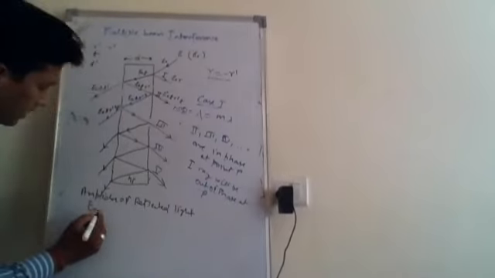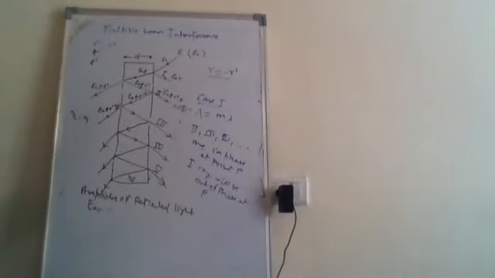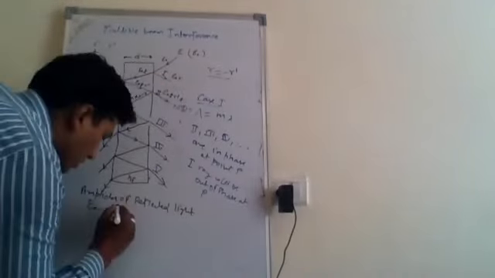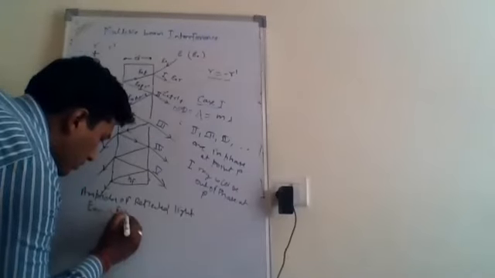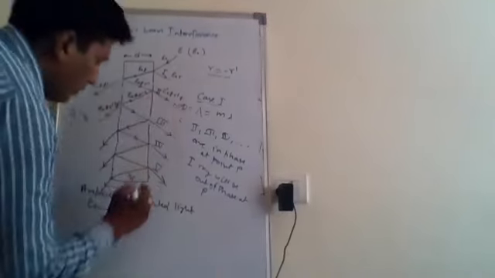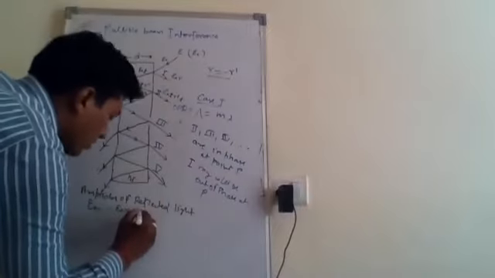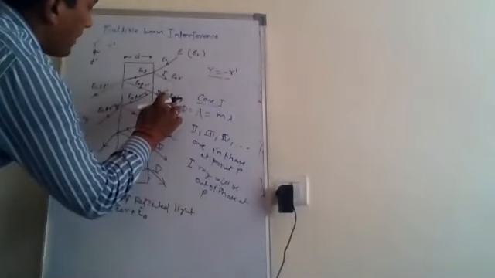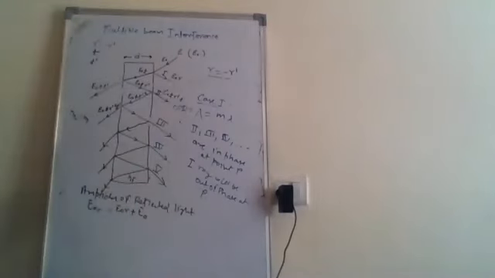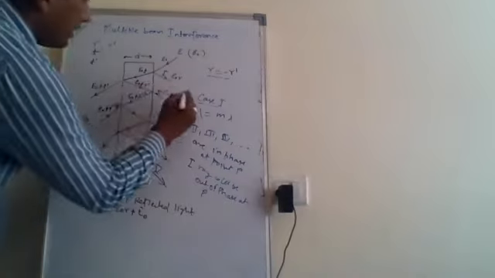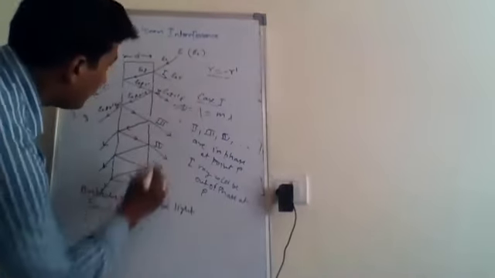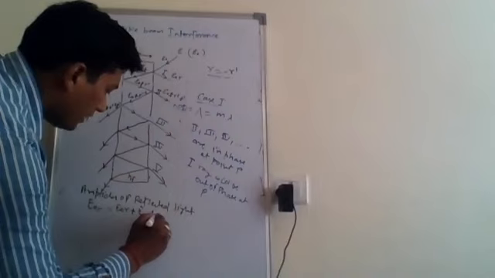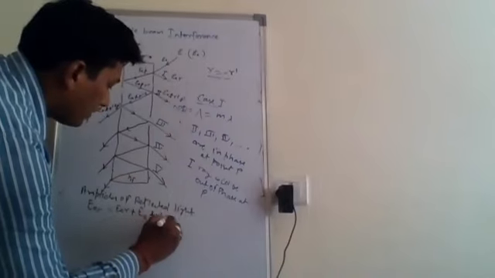So E naught R is equal to the first wave, E naught r, then the second amplitude, E naught t r prime t prime.